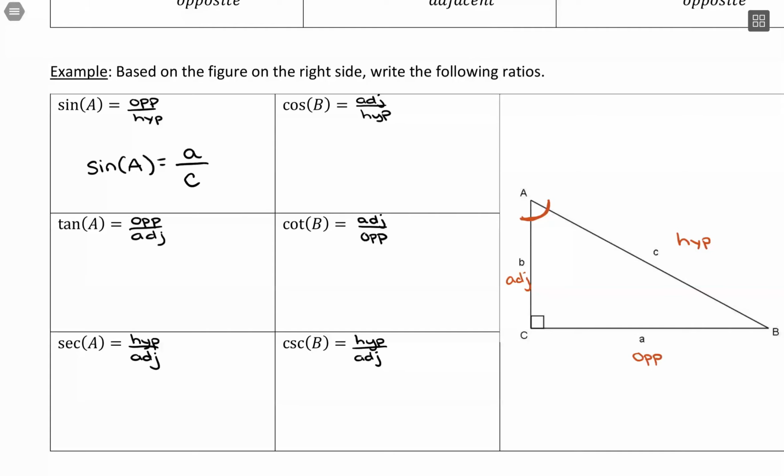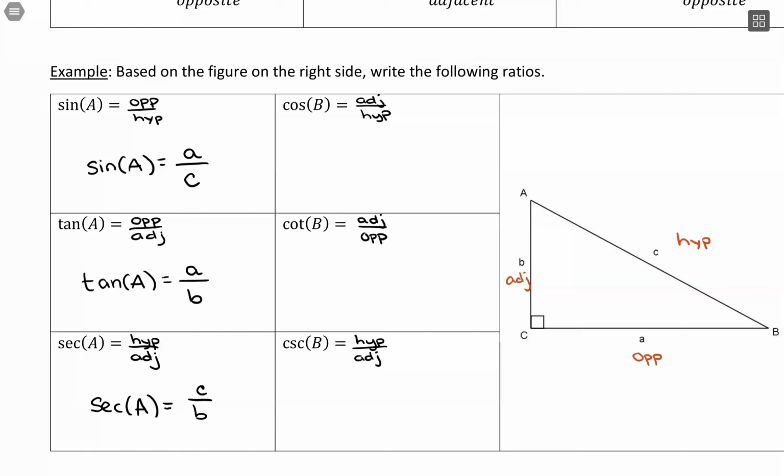Tangent of A, I want opposite over adjacent, so that would be little a over little b. And then secant of A, I want to take the hypotenuse, which is C, over adjacent, which is B.